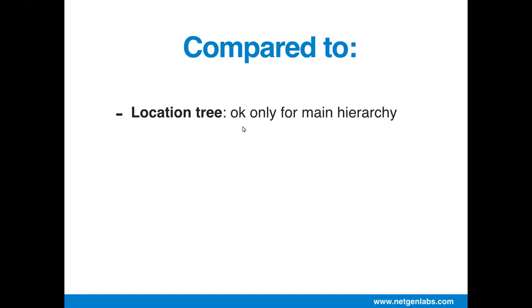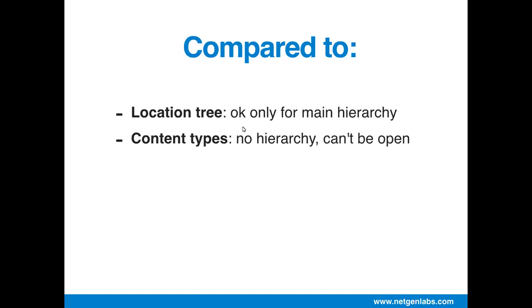You could have more location trees, but that's quite cumbersome for the editors, so usually it's just for the main hierarchy. And in usual use cases, you need more classification, more trees, etc. There are also content types in eZ, and they have no hierarchy, can't be open, so it's very predefined, etc.